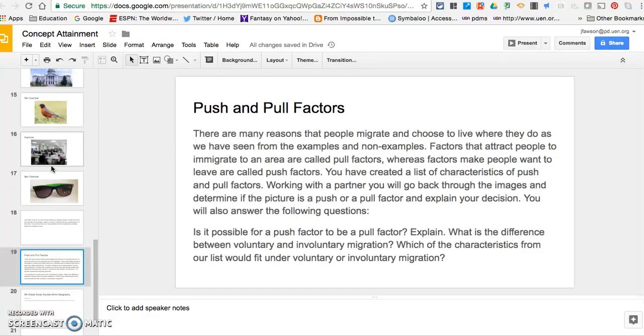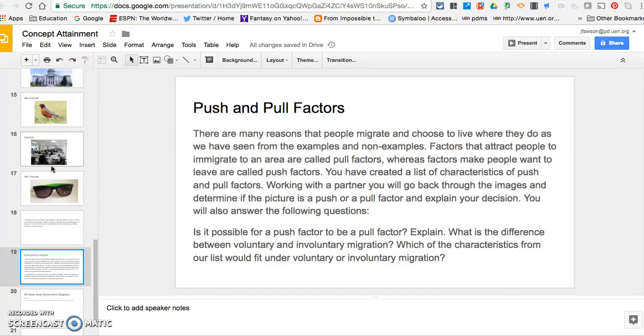And then we would get to, okay, these are push and pull factors, and that there's many reasons that people migrate and choose to live where they do, and we can go over those with the examples, especially, and then explain, hey, factors that attract people to immigrate to an area are called pull factors, whereas factors that make people want to leave are called push factors.